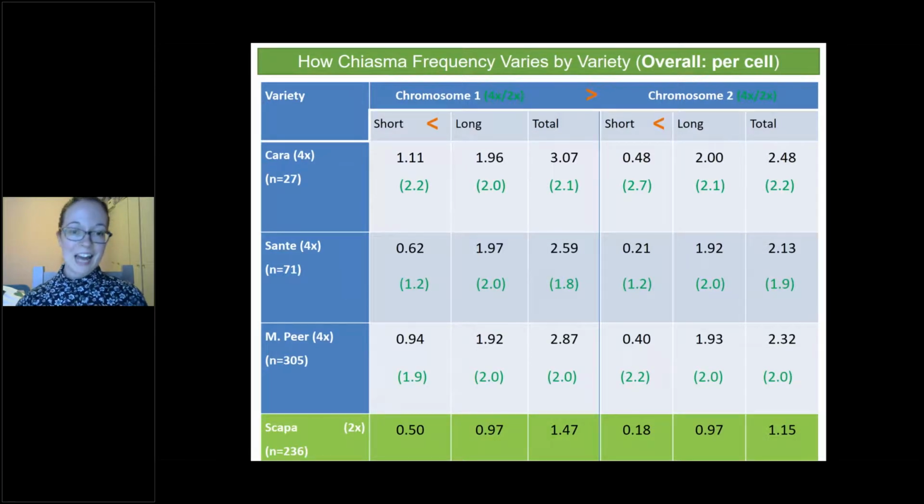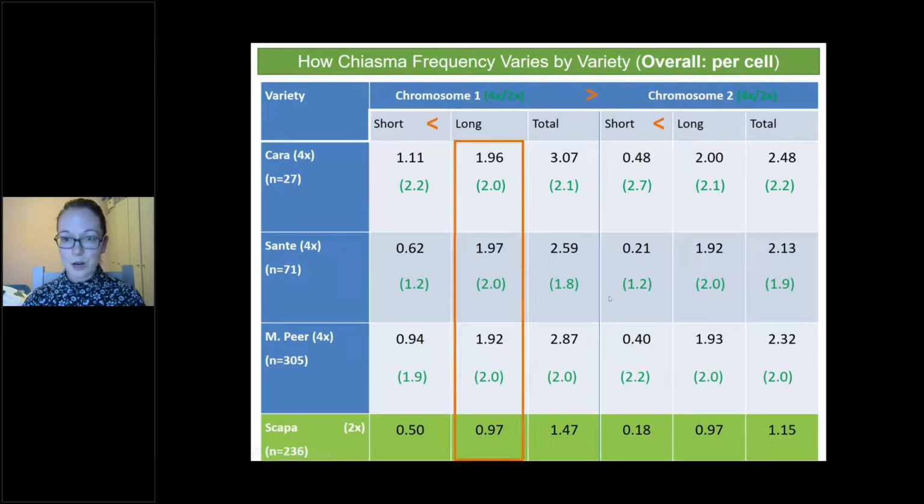But what we can add now here in green is a comparison between the diploids and the tetraploid. So the 4x chiasma or crossover frequency divided by the 2x or diploid frequency. And what you can see from most of those numbers is that it's pretty much doubled, which seems a kind of obvious result, but we have unpicked that in a little bit more detail as I'll show you.